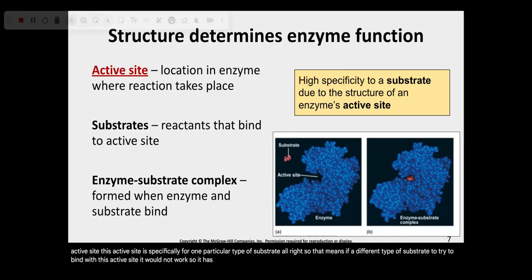So it has this high specificity. And again, we know that enzymes are proteins, and structure determines function. So the structure of this active site will determine which substrate can actually bind, and which function will take place.